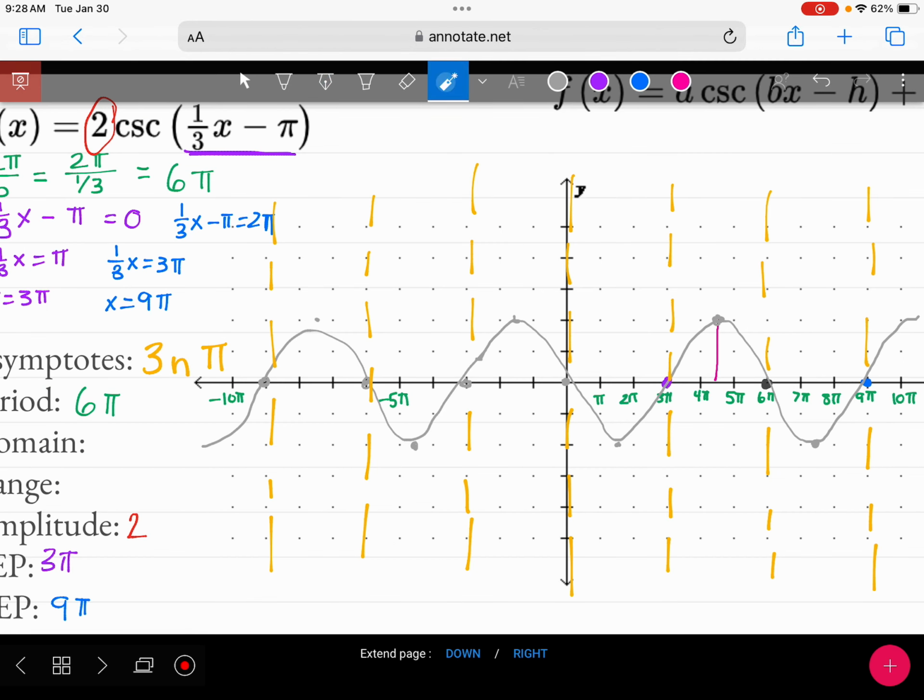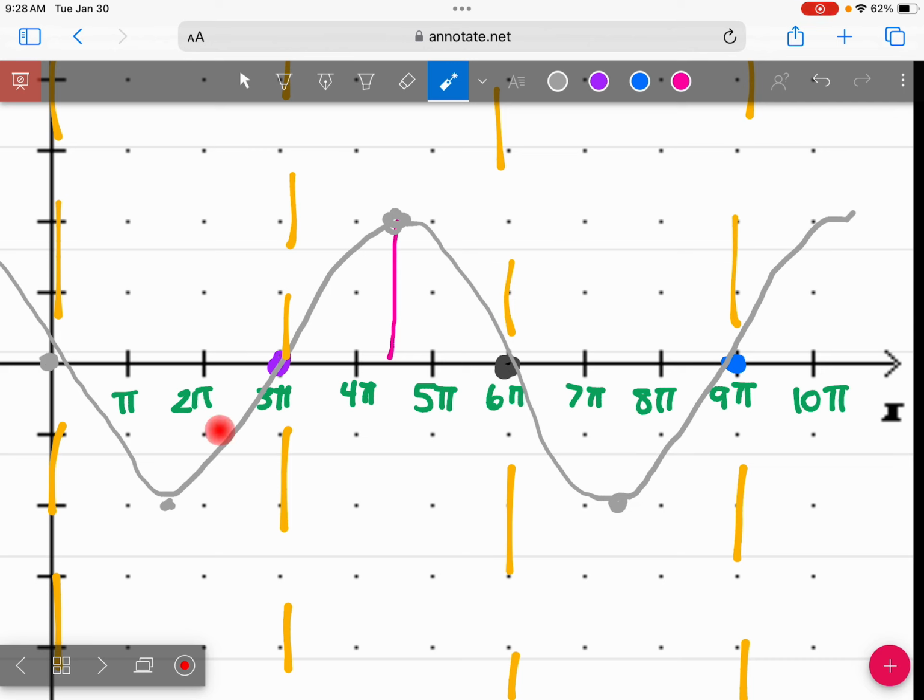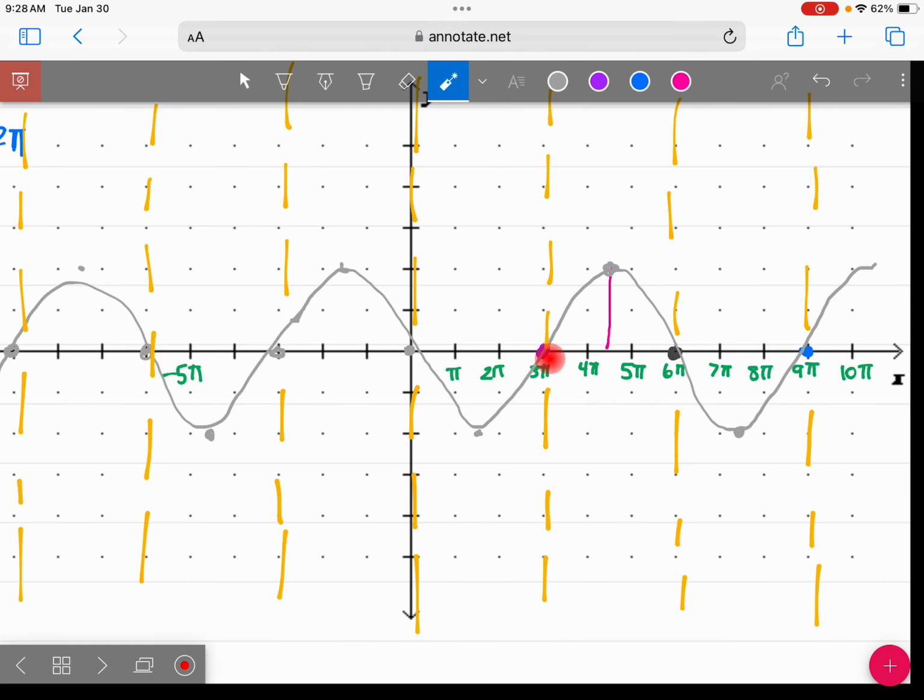Where our yellow lines are hitting is wherever our sine is 0. I notice this one's 3 pi, this one's 6 pi, this one's 9 pi. So we're just writing an expression for how I could get from here to here. It's 3, 6, 9. It's multiples of 3. So 3n.